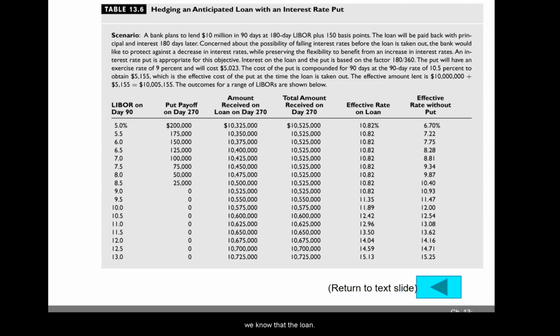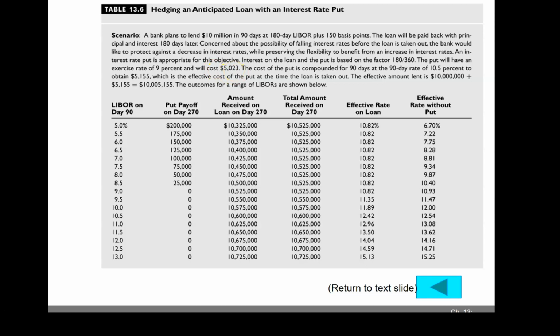Now, we know that the loan will be given 90 days from now. So the option expiration is in 90 days. That is the time to maturity of the option. And then the option involves protection for a loan of 180 days. So the loan period is 180 days. There is a put option available with an exercise rate of 9% and a price of 5,023.